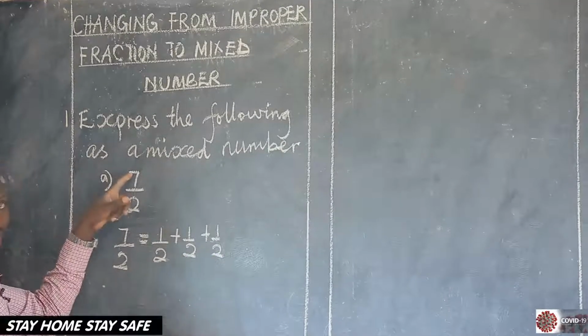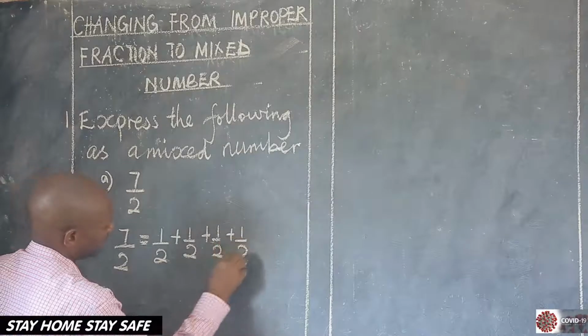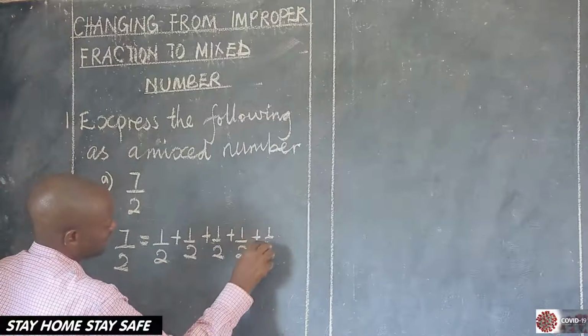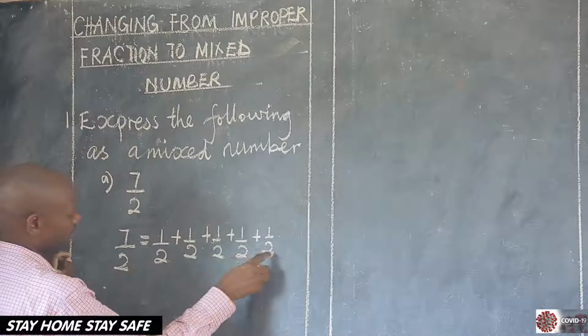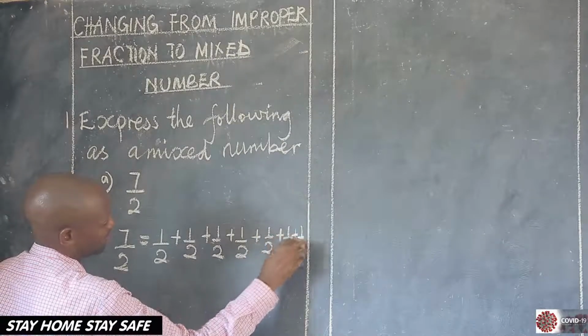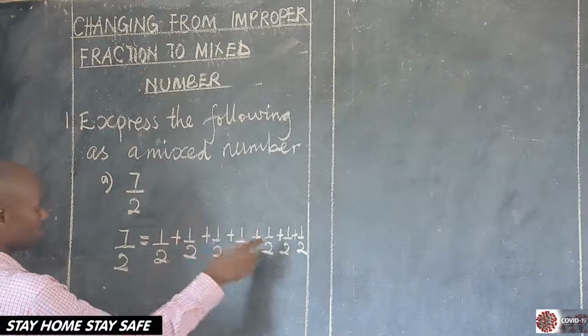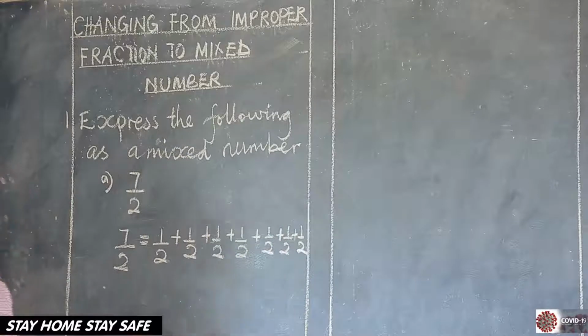But how many do I need? 7. So plus another half, plus another half, 1, 2, 3, 4, 5, plus another half, then plus another half. 1, 2, 3, 4, 5, 6, 7. So I have written 7 halves.